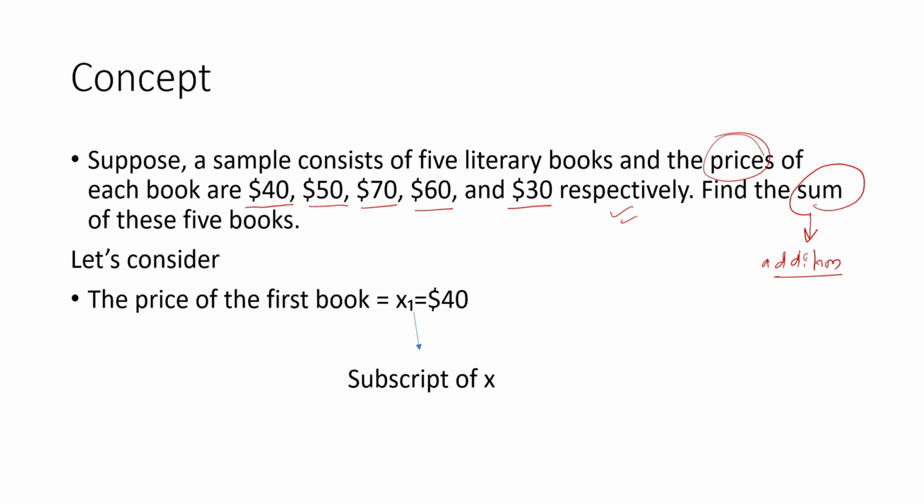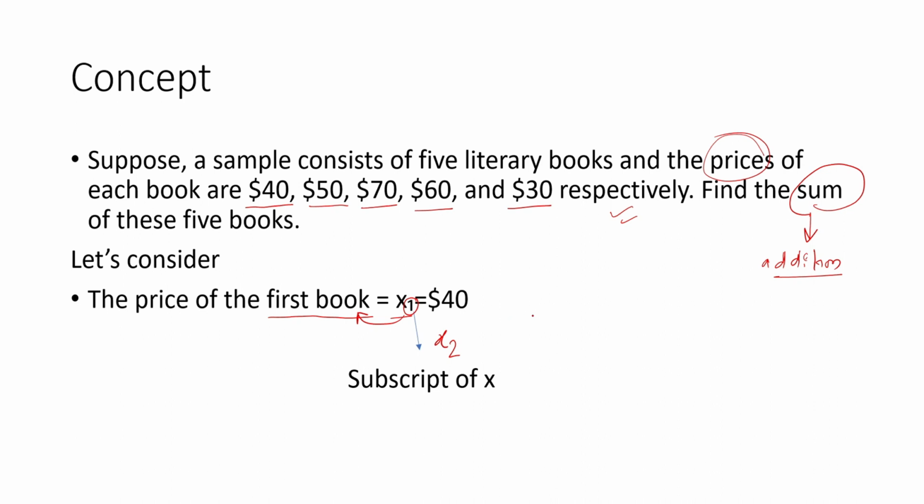So let us consider the symbol for the first book. We denote it as X, and here we use the subscript 1. This stands for the first book. Similarly, the second is X with 2, which represents the second book, and so on.